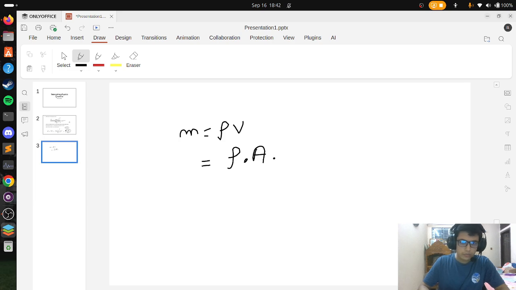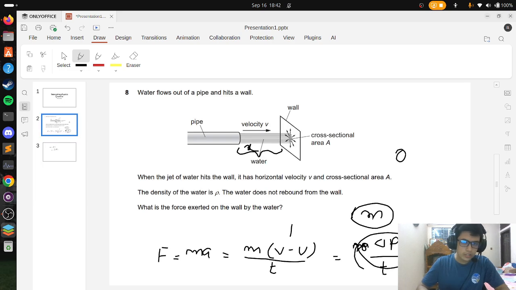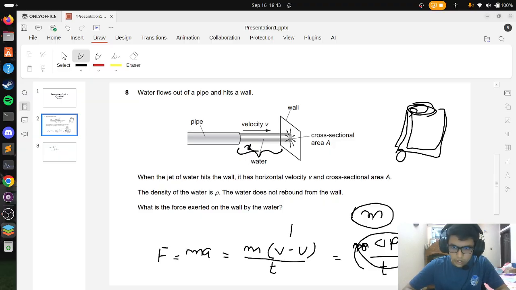It covers distance x, right? So this water's volume should be the cross-sectional area multiplied by x, because for a cylindrical shape, sorry for the bad drawing, we take the cross-sectional area multiplied by the height of the cylinder.